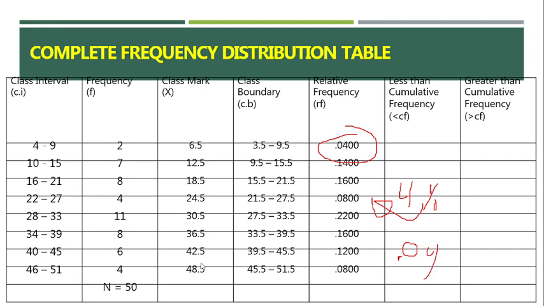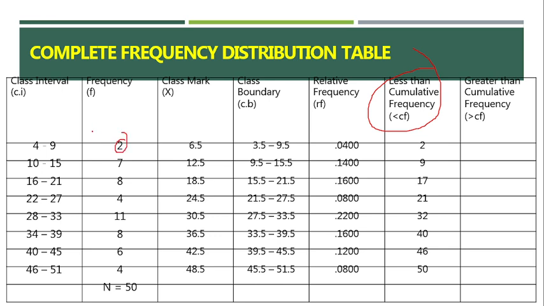Okay, next in line is the less than cumulative frequency. When we are dealing with cumulative frequency, it shows the starting frequency that you have, then it adds up the value with the next frequency that you have. So what's the starting frequency that you have? It's 2. Correct? So starting from your 2, you need to show the 2, and you need to add the value of your 2 to the next frequency.